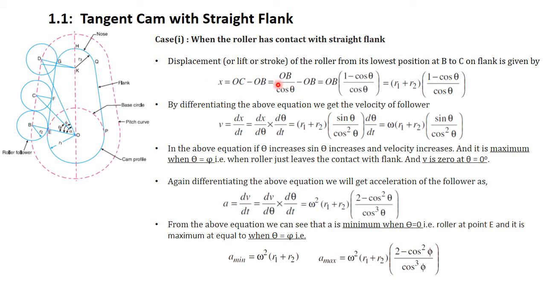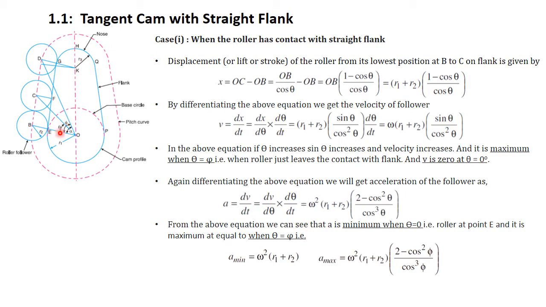the movement from its lowest position to any point C. Let us say theta is the angle turned in between 0 to phi. Okay, so phi is the maximum angle turned during the cam rotation on the surface of flank.